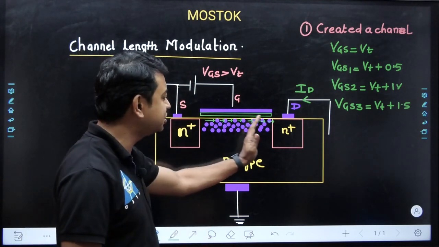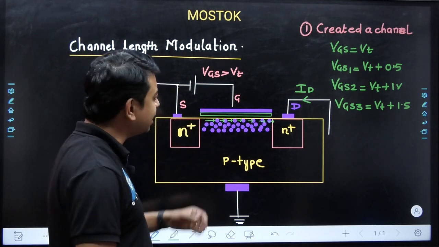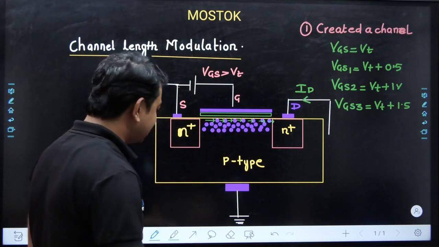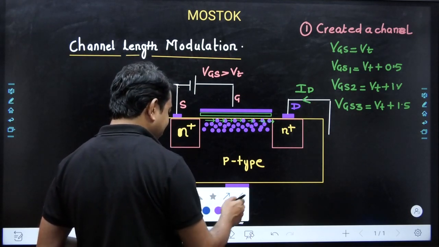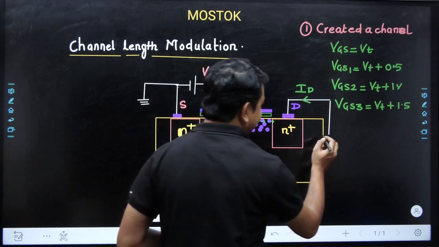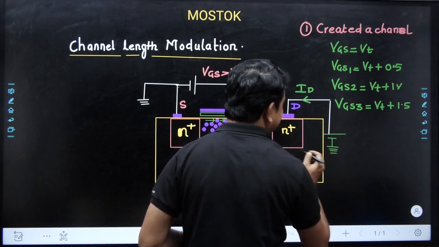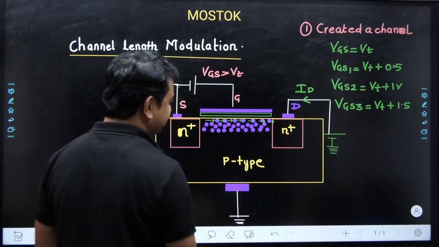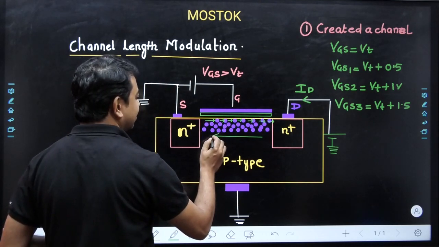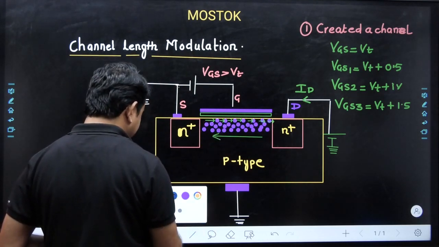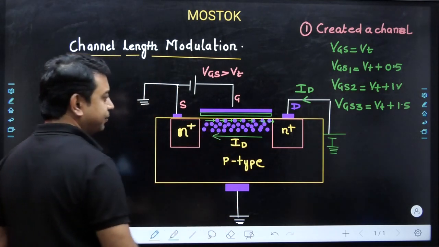So if the electrons are moving in this direction from source to drain end, then we have to apply a potential at the drain terminal in such a way that this potential attracts the electrons towards it, so that we can have a current inside this MOSFET in this direction. This is the direction of current that we want inside the MOSFET. And what is this current? This current is nothing but the ID current.